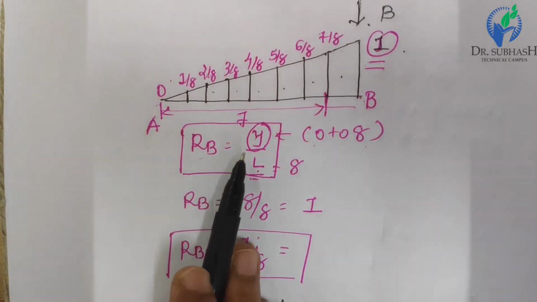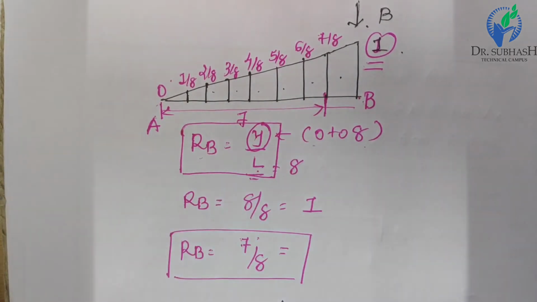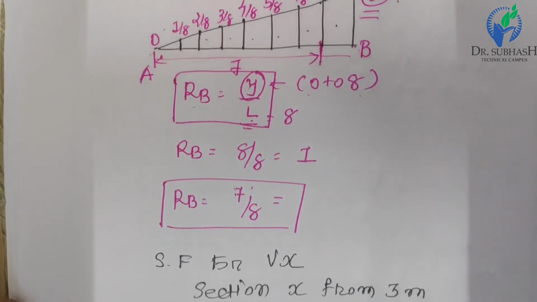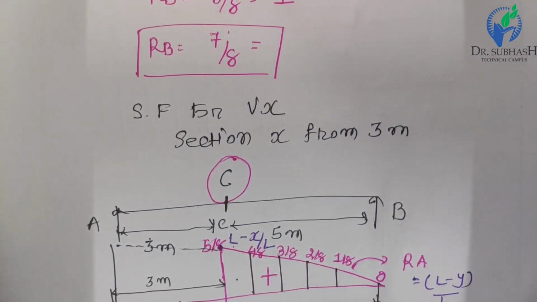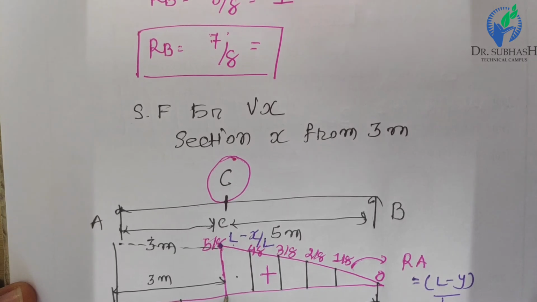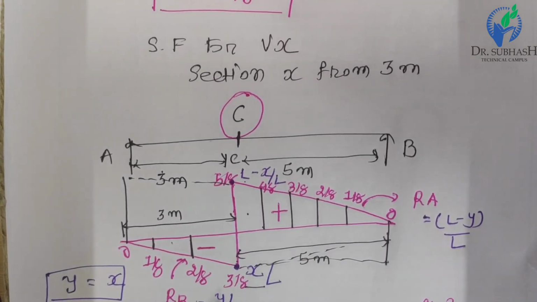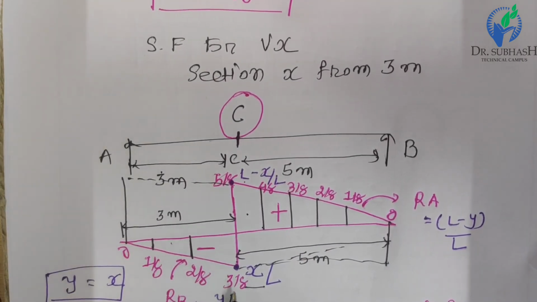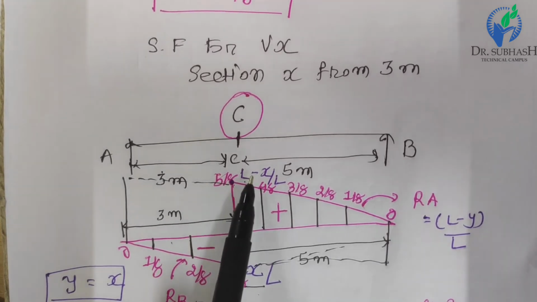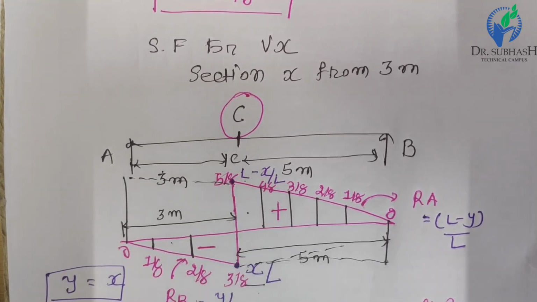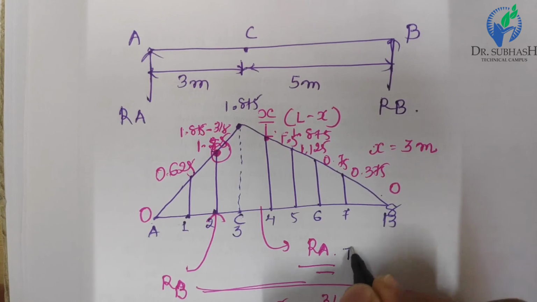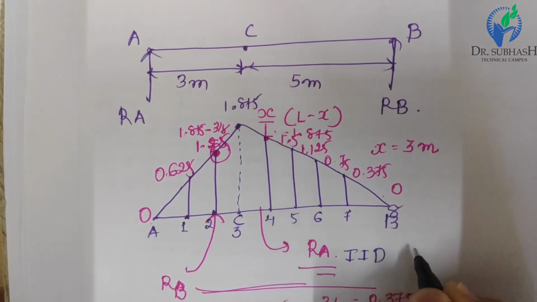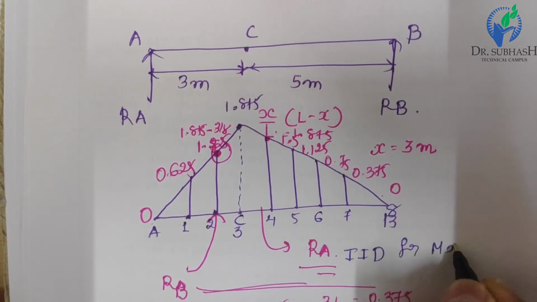For RB we use the equation Y by L, and at different intervals we draw the influence line diagram for RB. Next we find the shear force diagram at section C, given at 3 meters from the left hand end. So we use X by L for RB, and again L minus X upon L for RA. And at the last, very simply, we draw the bending moment diagram at X.